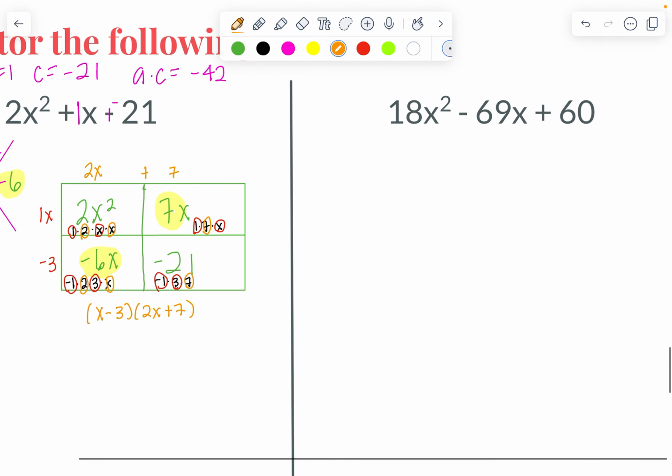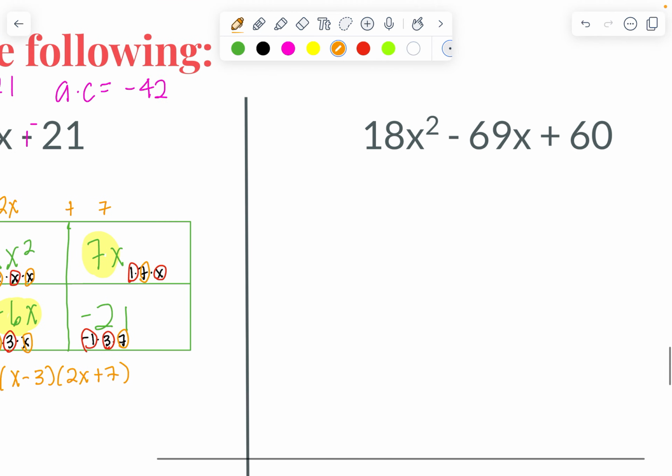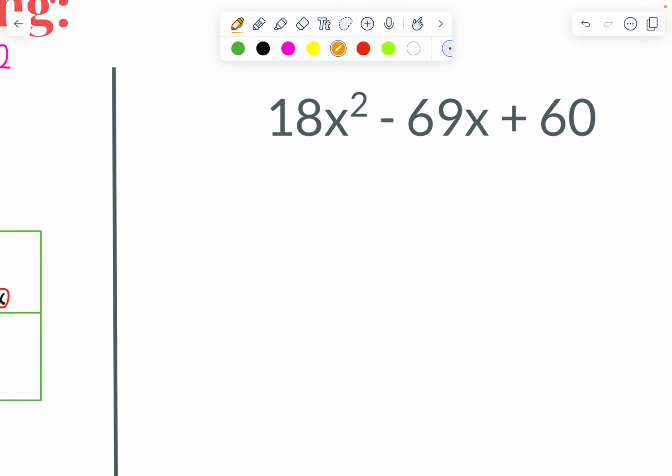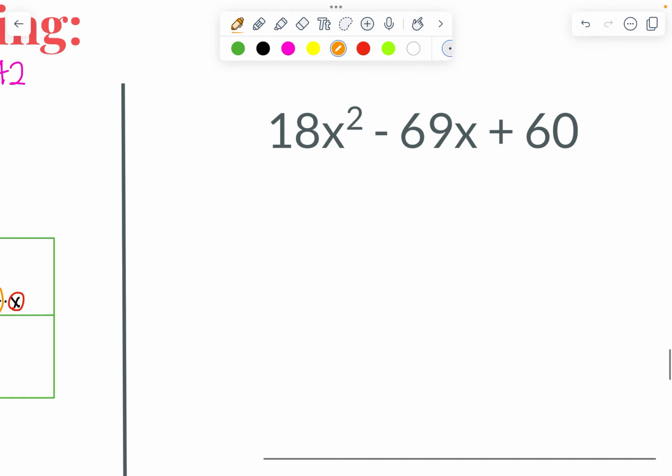All right, let's look at another one. The first thing I notice here is that these numbers are very large. And I know I can try to take a GCF out right away. If I look at 18, 18 is the same as 2 times 3 times 3.